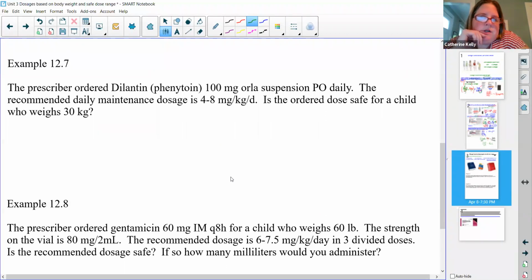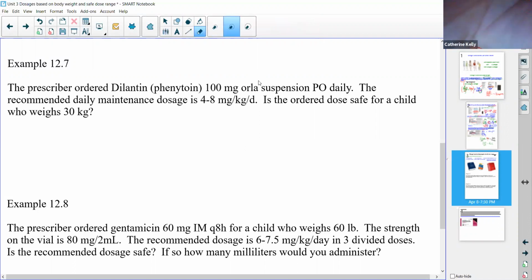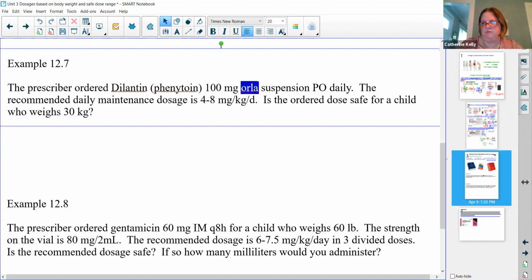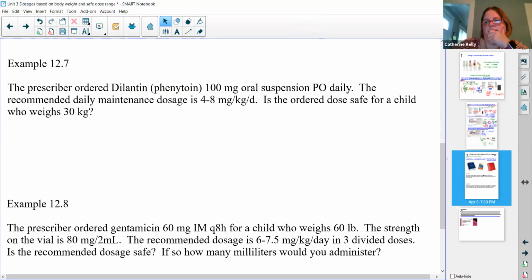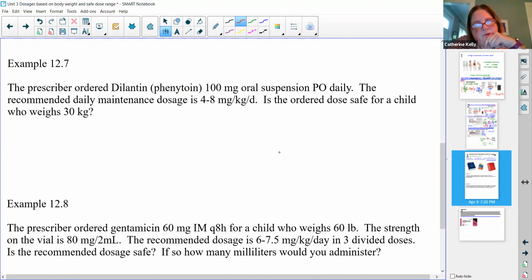So the prescriber ordered Dilantin, which is 100 milligram oral suspension by mouth daily. The recommended daily maintenance dosage is 4 to 8 milligram per kilogram per day.